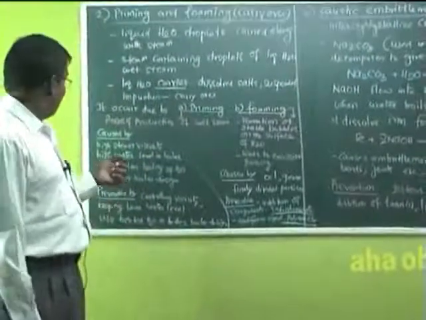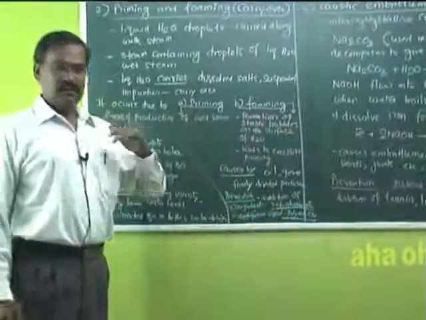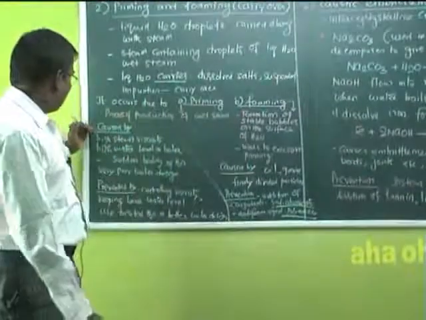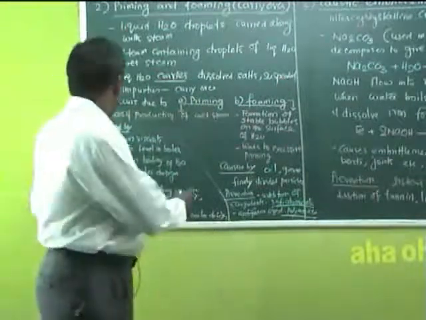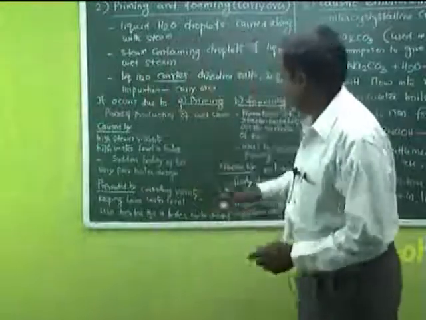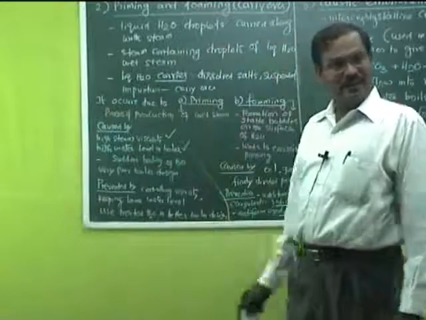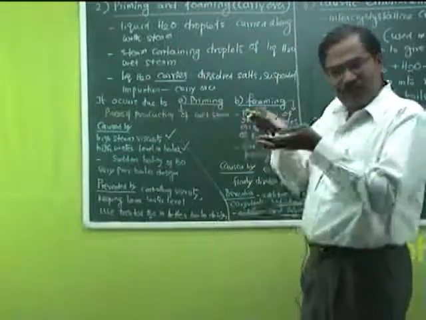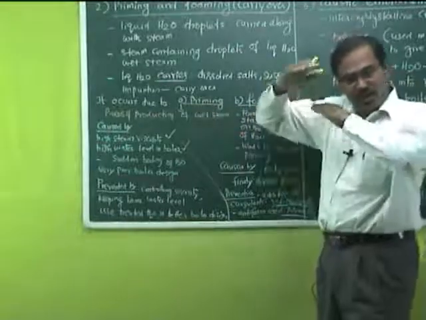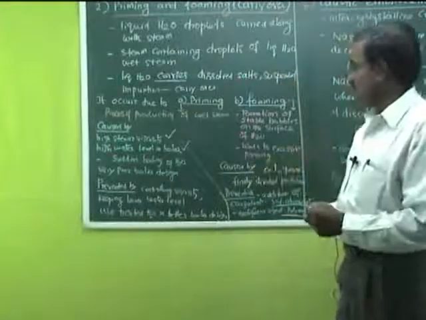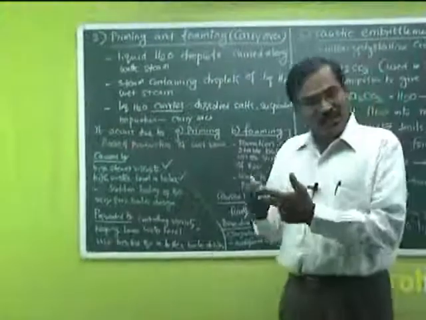It is caused by high steam viscosity. I specified earlier, this is not happening in low pressure boilers. In high pressure boilers, steam goes with very high viscosity, and the water level in the boiler is high. When the water level is high, that is, the exit of the steam is close to the water level, there is a chance of liquid droplets going with the steam, and also sudden boiling.